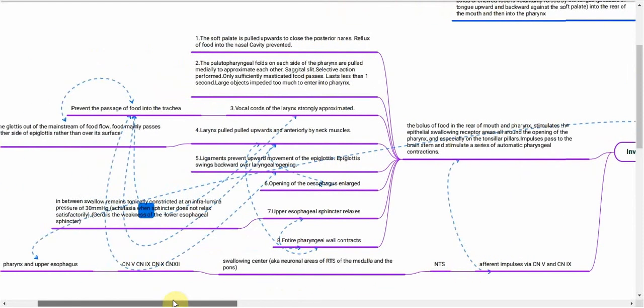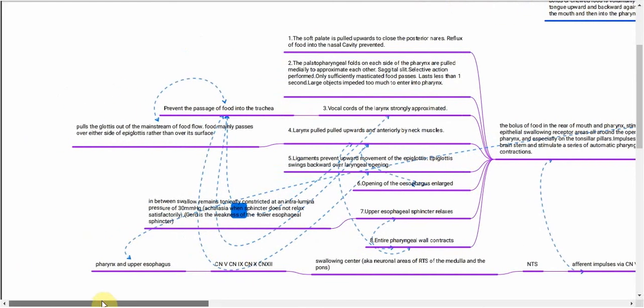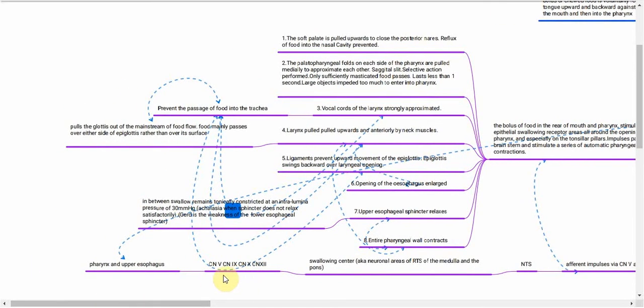Now the efferents are going to be sent via 4 cranial nerves, the 5th, the 9th, the 10th and the 12th, right? And eventually they're going to be sent to the pharynx and to the upper esophagus, because swallowing will involve the pharynx and the esophagus, because we have the involuntary pharyngeal stage and we also have the involuntary esophageal stage.